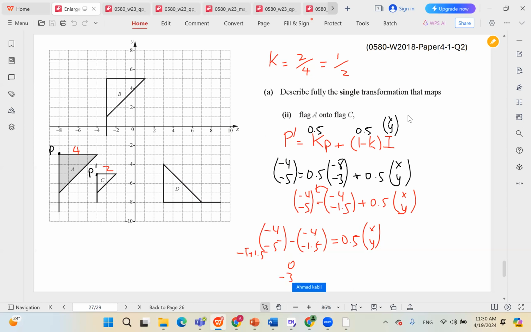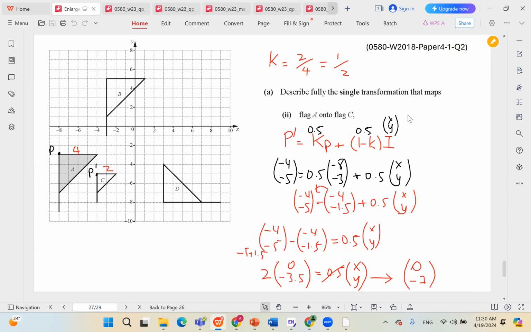So this is -3.5 equals half times xy. We can take the half to the other side. It becomes 2. We multiply the 2 by the vector. So we get a final answer of 0 and -7. This is our center.